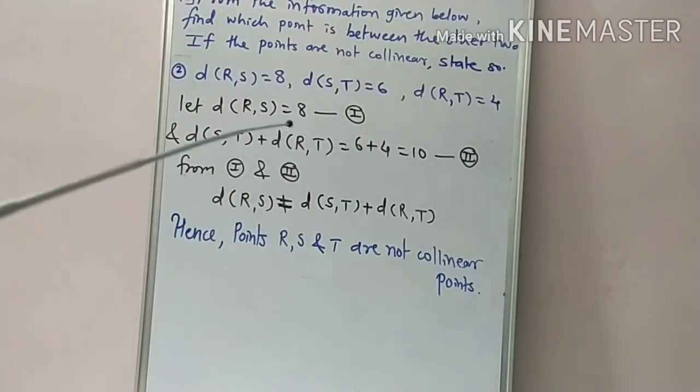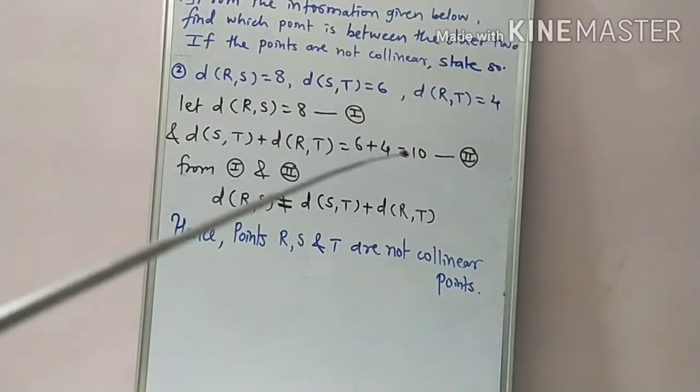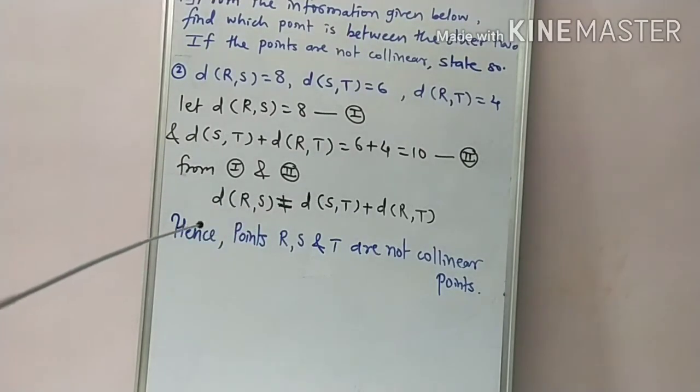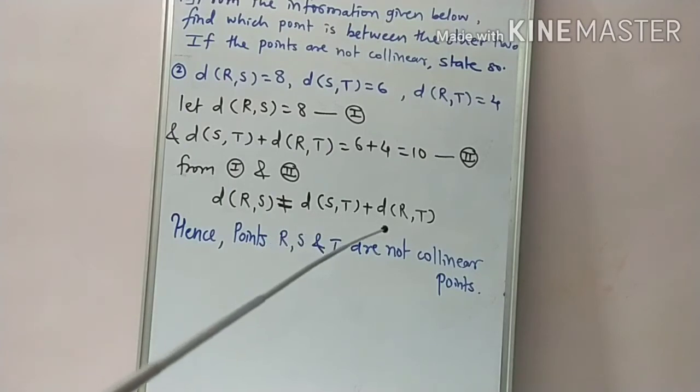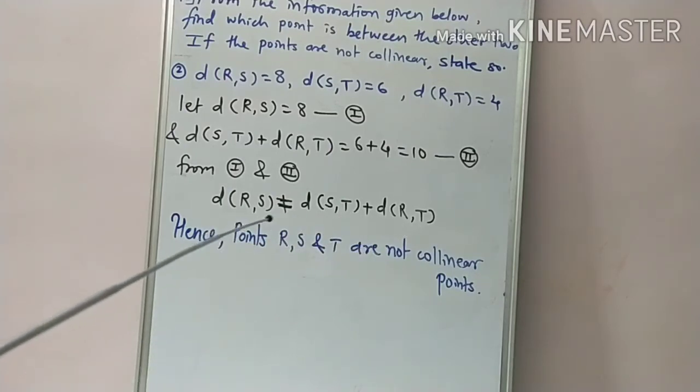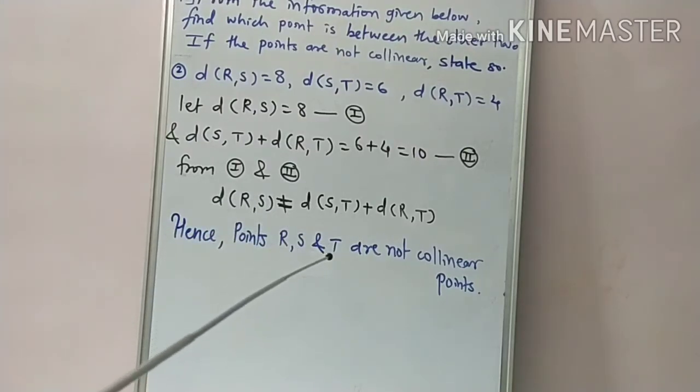As we compare 1 and 2, the right hand sides are not equal, which means distance RS is not equal to, give this symbol, distance ST plus distance RT. And since it is not equal to the other two, hence the points R, S and T are not collinear points.